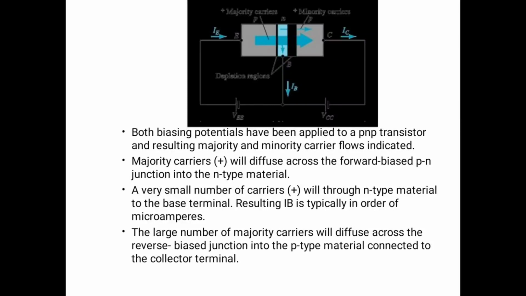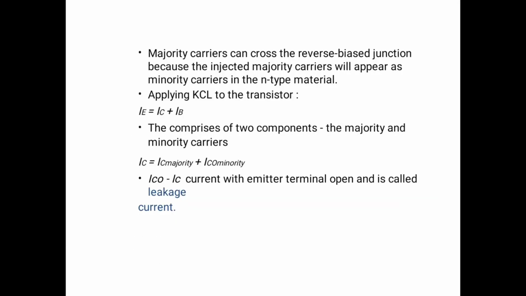The large number of majority carriers will diffuse across the reverse-biased junction into the P-type material connected to the collector terminal. The majority carriers can cross the reverse-biased junction because the injected majority carriers appear as minority carriers in the N-type material.